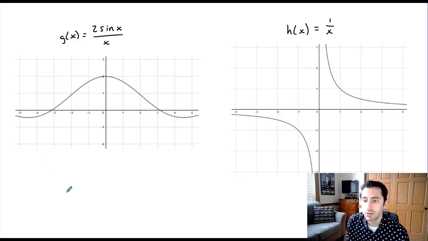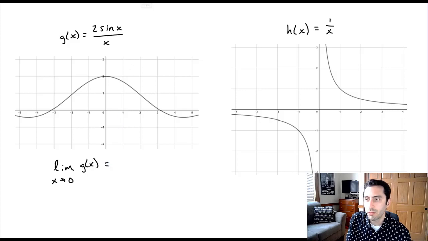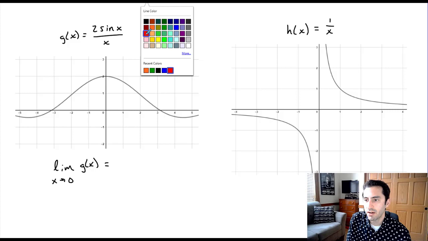So the first one, g of x, this is equal to 2 times the sine of x divided by x. And why don't we take a look at the limit of our function, so the limit of g of x, and let's find out what our limit is as x approaches 0. And what is that equal to? So what we're going to look at on our graph is we need to look both ways.